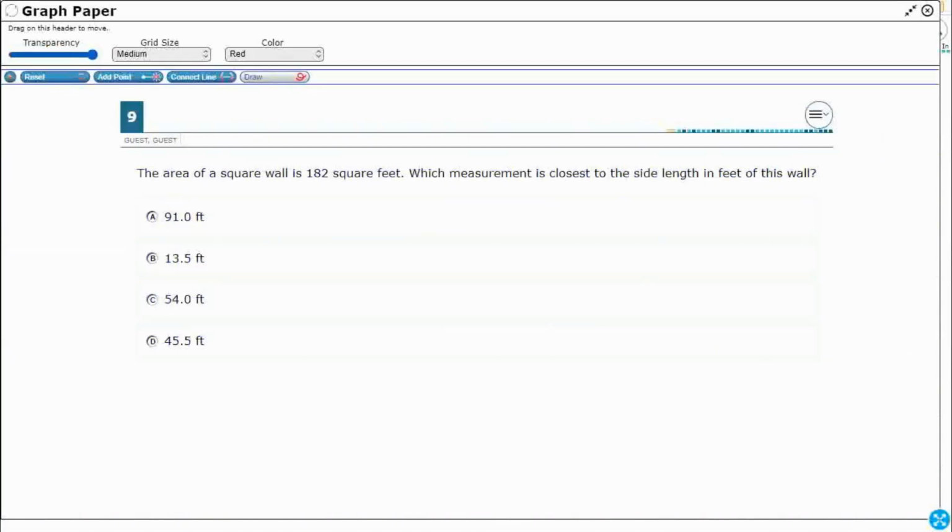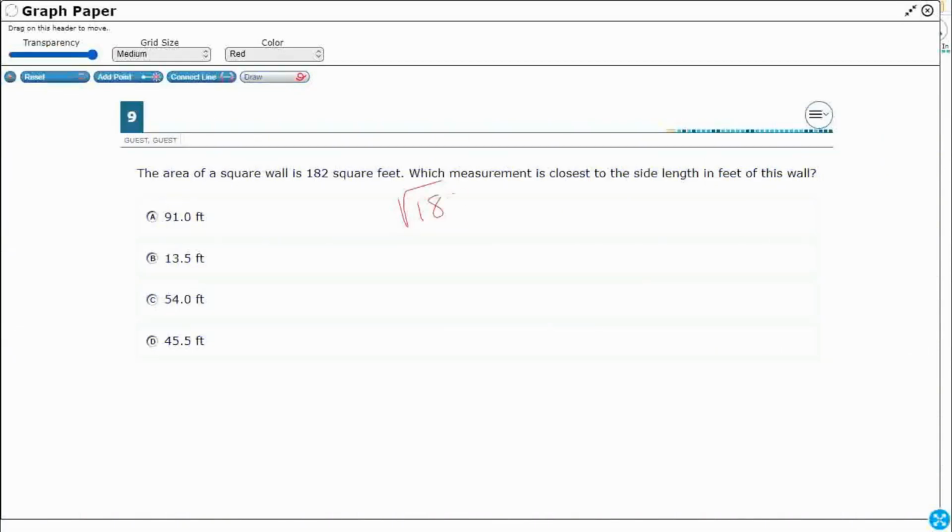But they don't give it to you just like this, right? That's a little bit simple. They have the area of a square wall, so now we have to visualize a square wall. They give it to you as 182 square feet. And then we want the measurement that's closest to the side length.